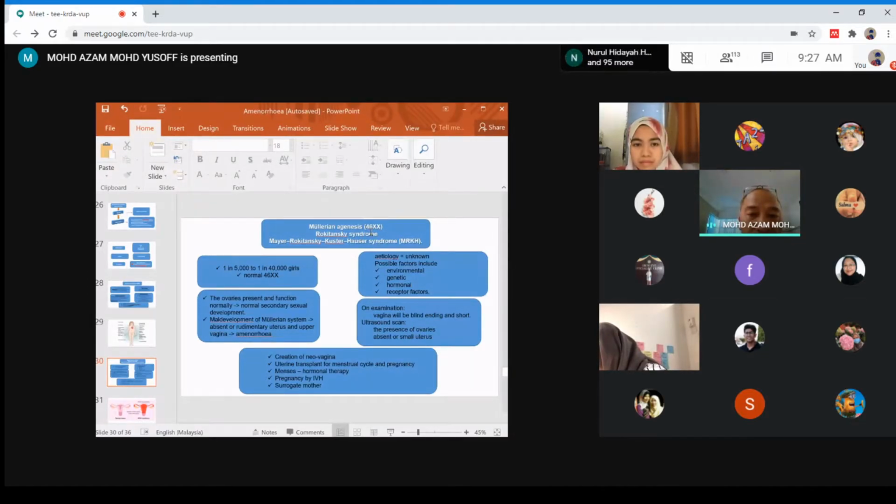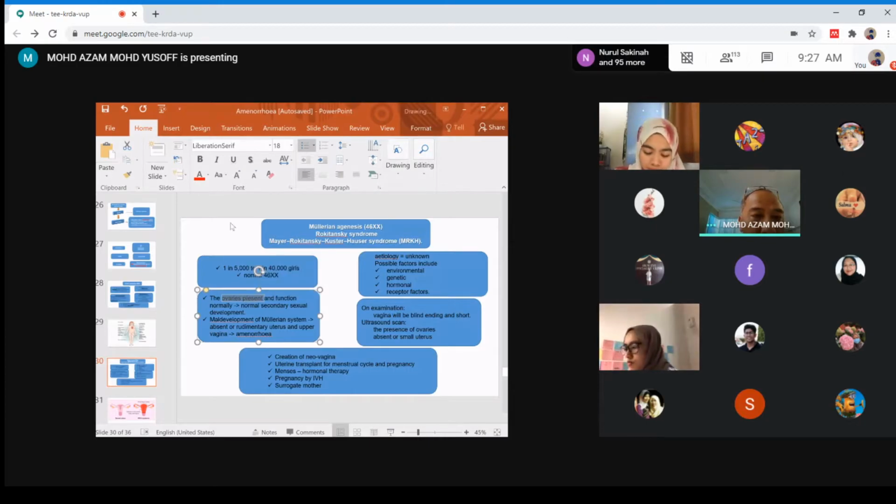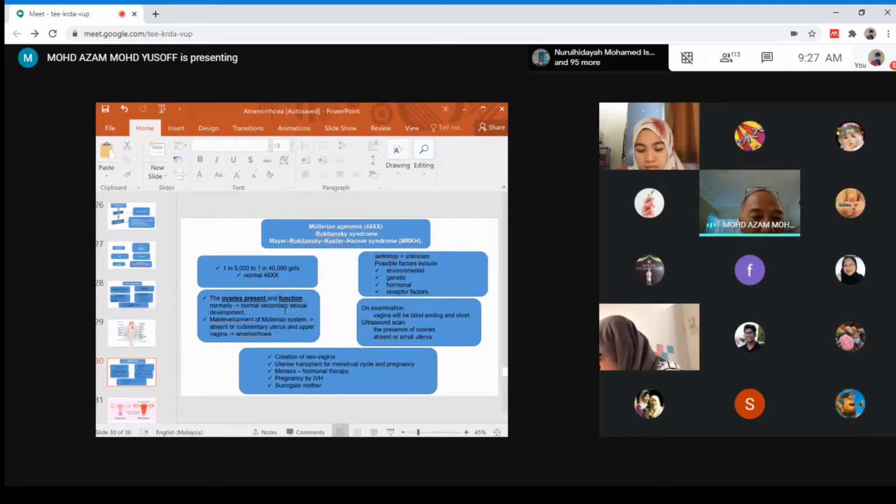Number one, they have ovary. Ovary is present. Very important: ovary is present and ovary is functioning. So what happens if the ovary is present and functioning?